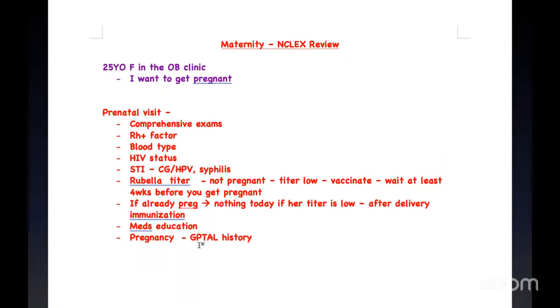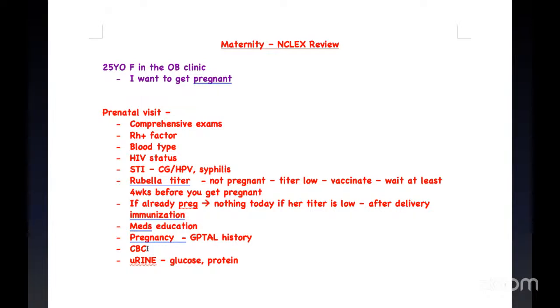Review of systems. I would like to know about a CBC because anemia is very common during pregnancy. So I've got to check a CBC and make sure it's okay. What else do you want to check? It's very important to check your urine for glucose and for protein, and make sure she doesn't have any undiagnosed diabetes.